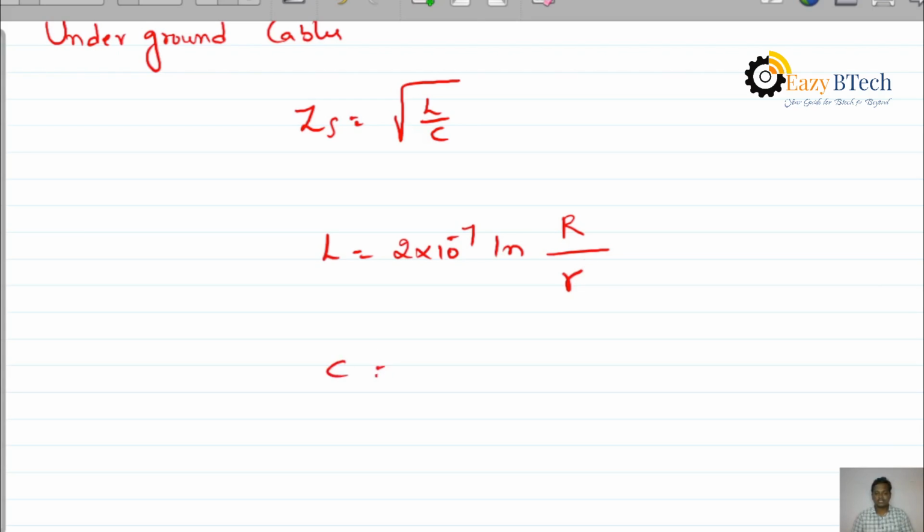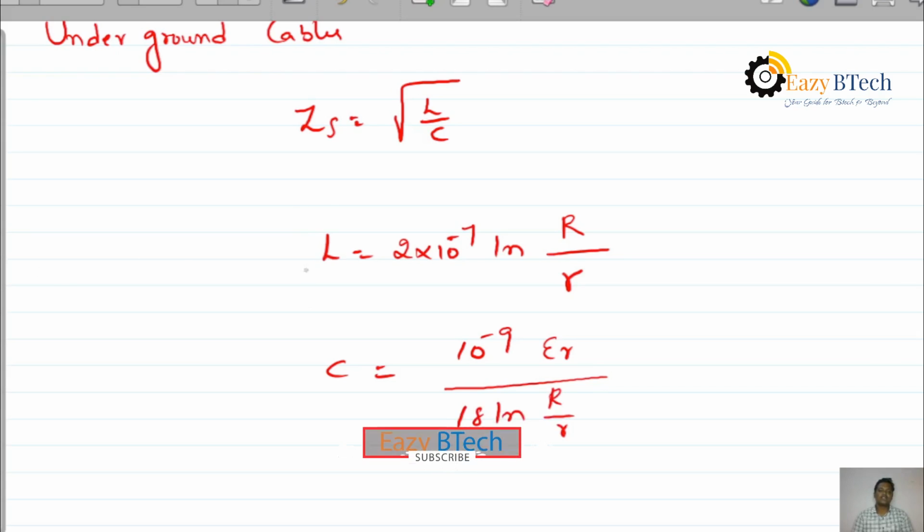Next, capacitance equals 10 power minus 9 into epsilon r divided by 18 ln capital R by small r. We don't know what type of material it is in underground cables, that's why I am taking the relative permittivity of the material. Substitute both L and C in this expression.